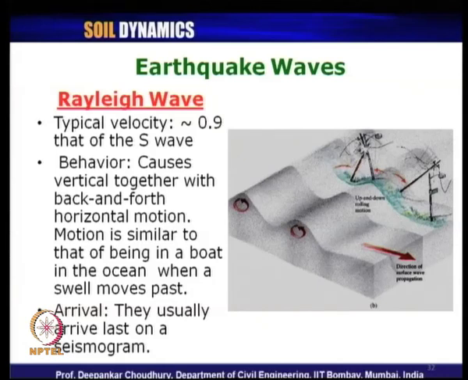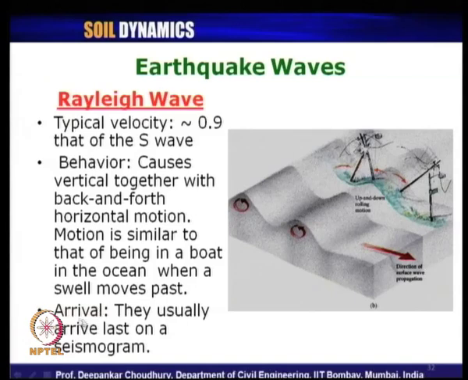In the previous lecture, I mentioned that, and today also in the recap. So, Rayleigh wave velocity is about 90% of the shear wave velocity. Its behavior is that it causes vertical together with back and forth horizontal motion. The motion is similar to that of being in a boat in the ocean when a swell moves past.